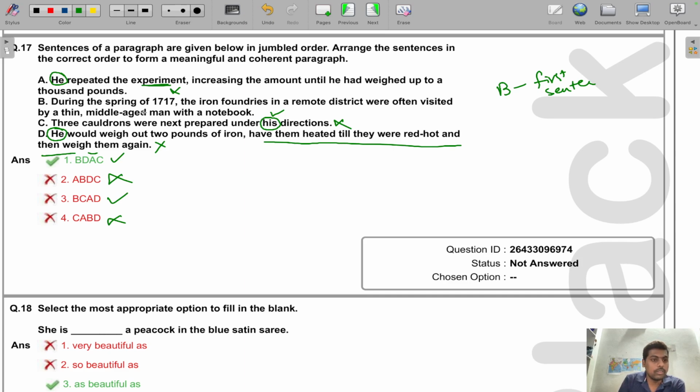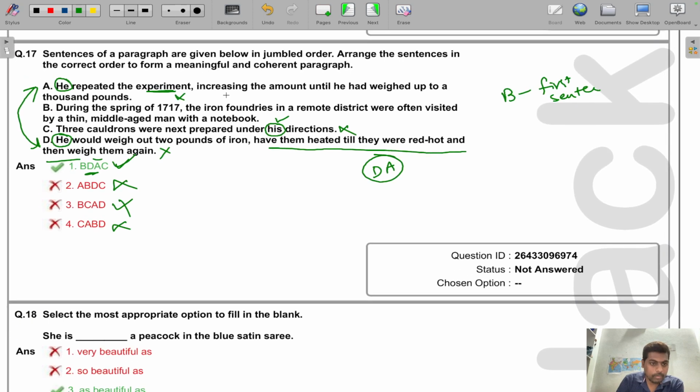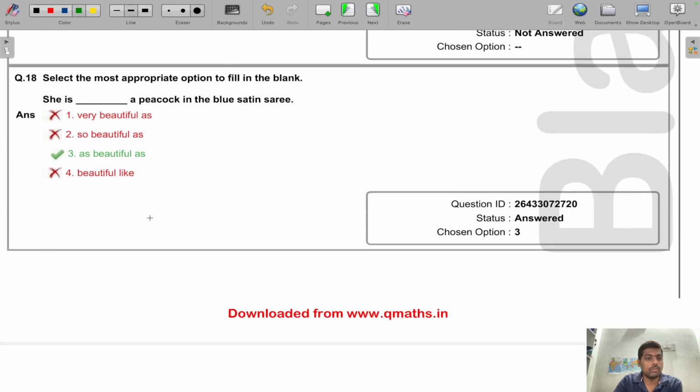So definitely D and A will be a pair. Only this option is eliminated, and this is the only answer, because D and A are pairs here. Now let us go to the next question, guys.